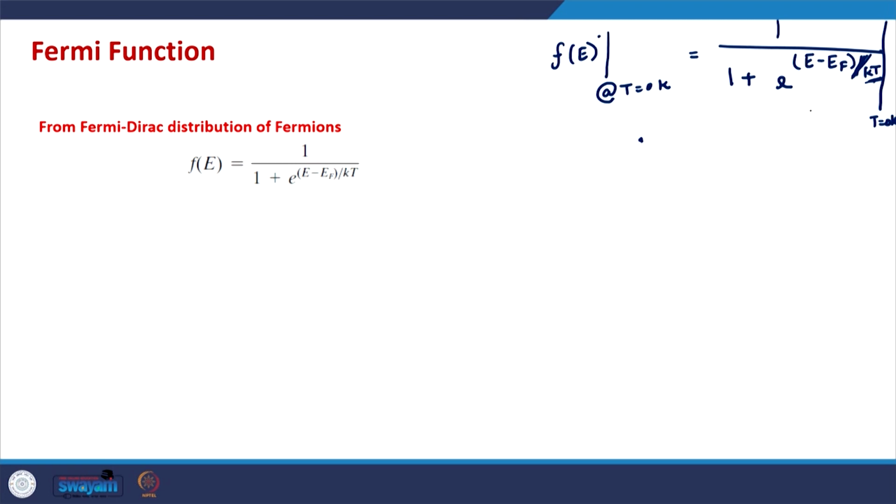Numerator, if numerator is positive, it will go to positive infinity. If numerator is negative, it will go to negative infinity.